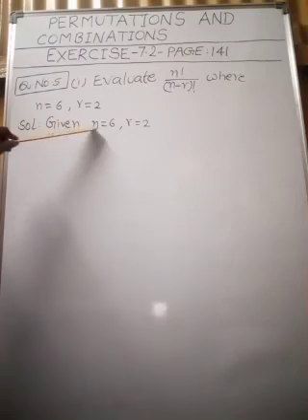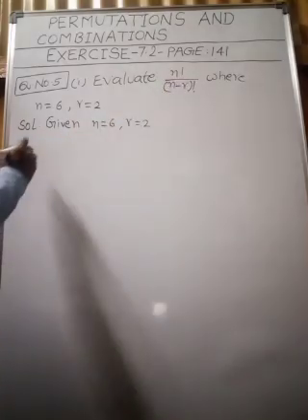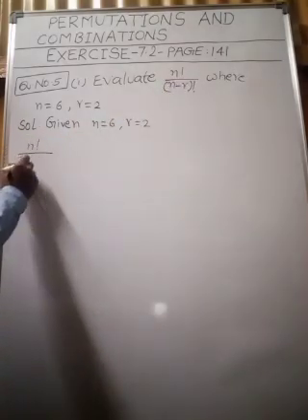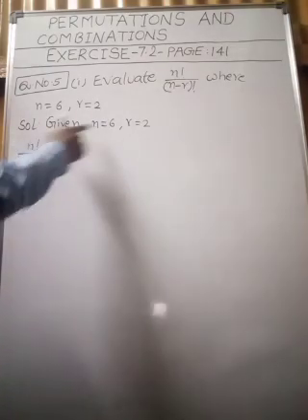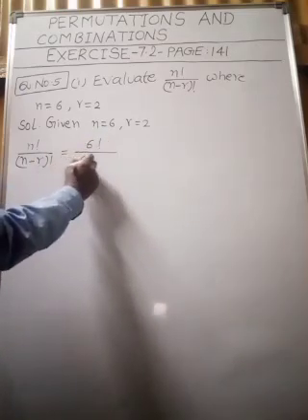What is given? n is equal to 6 and r is equal to 2. Now let us take this expression n factorial by n minus r factorial is equal to, what is n here? 6. 6 factorial by 6 minus 2.